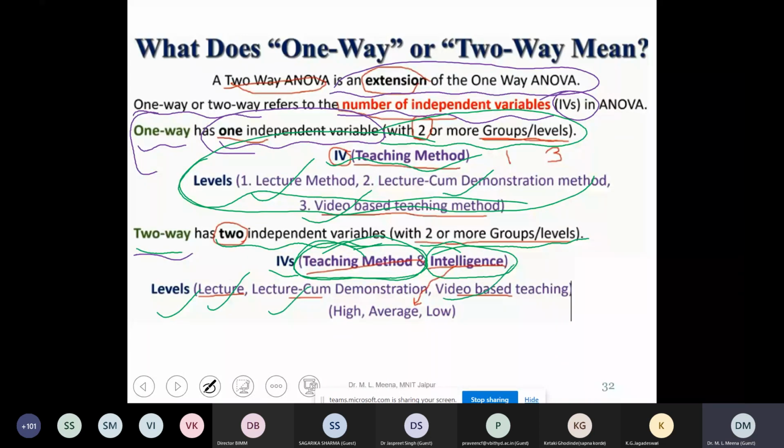And intelligence is according to high, average, and low. We find out the learning of students, their intelligence according to different teaching methods, and whether the effects are significant or not.